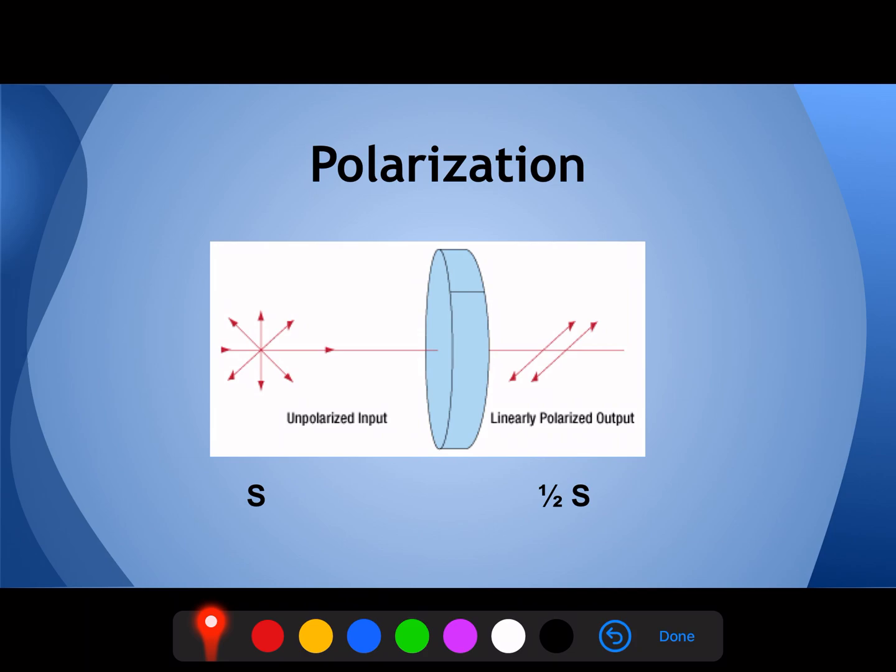And we can talk about the mathematics of why that is perhaps in the next lecture. But suffice to say for now that this unpolarized light, as it passes through the filter, will emerge with a specific orientation where all the electric field oscillation is taking place in a way that aligns to the arrows that you see here, and we would call that linearly polarized. And the intensity of all of that light is now reduced to half of what it was before.